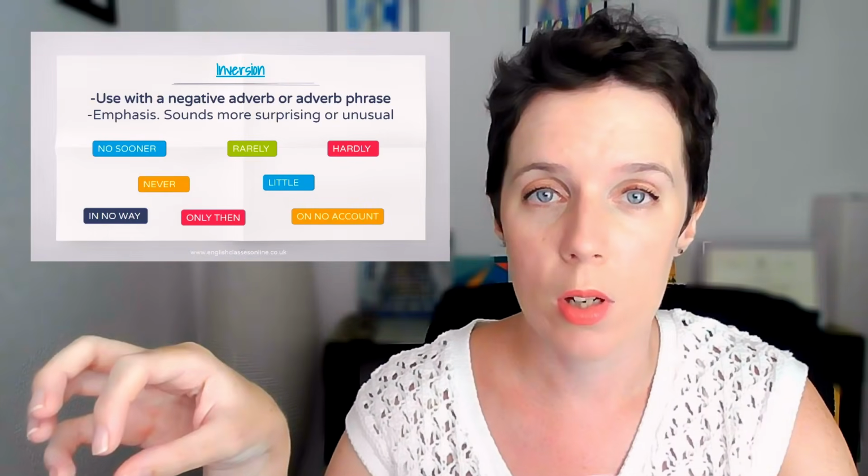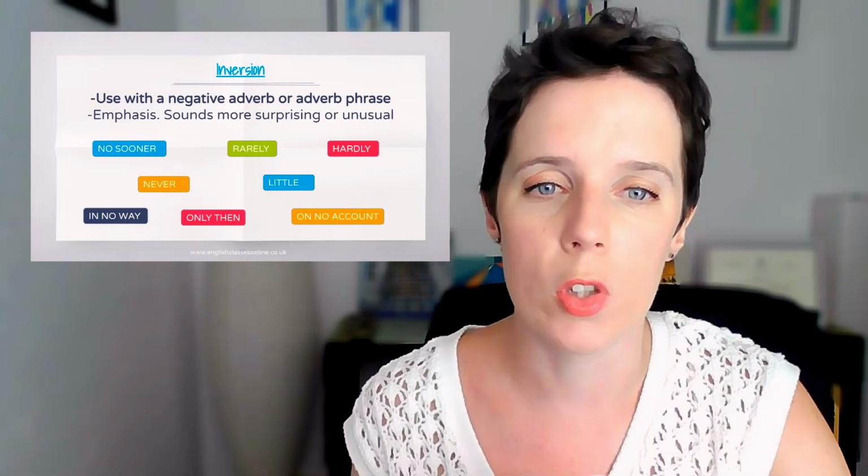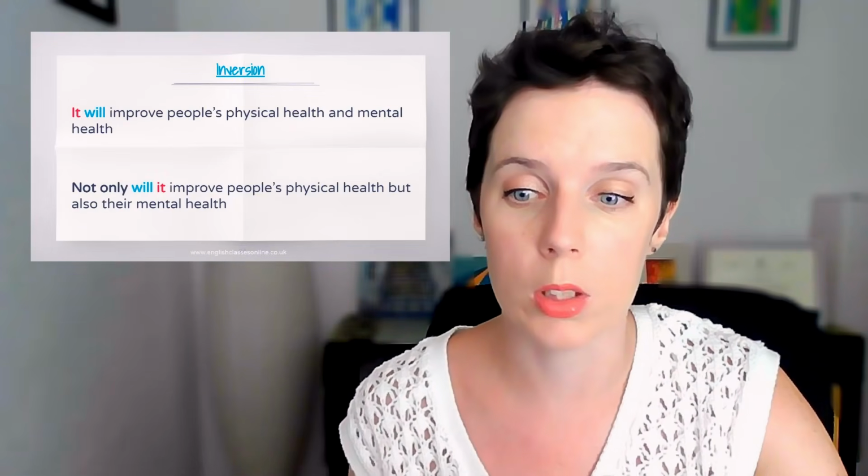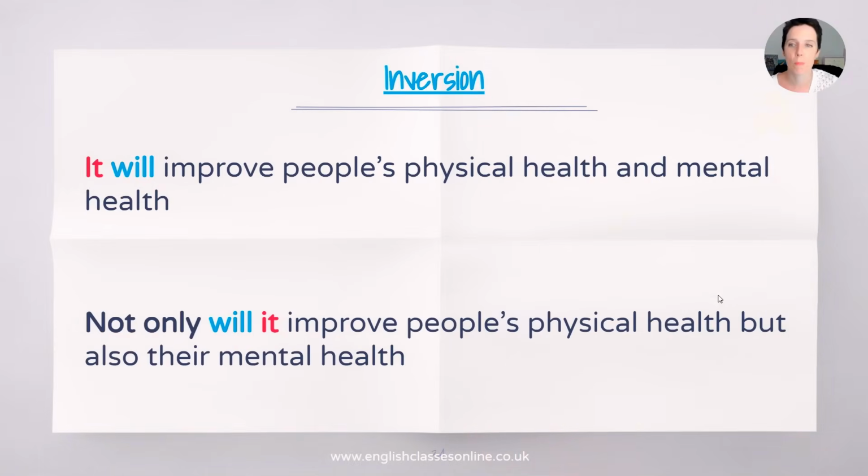They're going to go at the start of your sentence, and then you're going to invert your auxiliary verb and your subject. So that's going to look something like this. Let's take a look. So your normal sentence would be, it will improve people's physical health and mental health. Instead, just to change the structure around, we can use a negative adverb or phrase, not only.